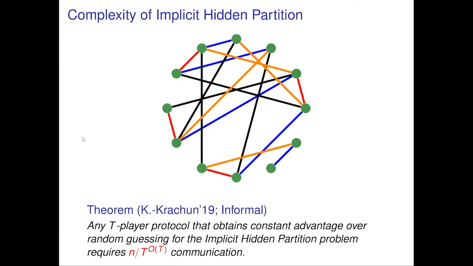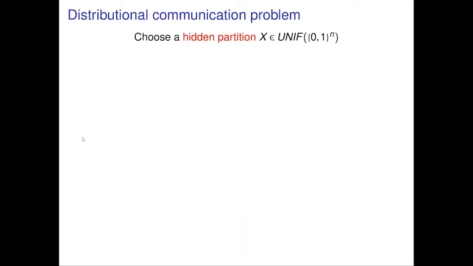On the other hand, if T is constant, then the following bound with Dmitry Krachun gives a better result. We show that any T-player protocol that solves implicit hidden partition requires n over T to the T communication. So here the dependence on T is exponential, and this is also tight, but the dependence on n is linear.